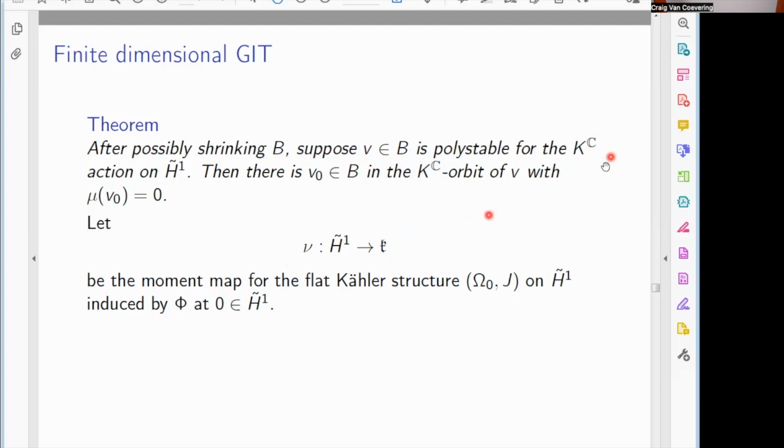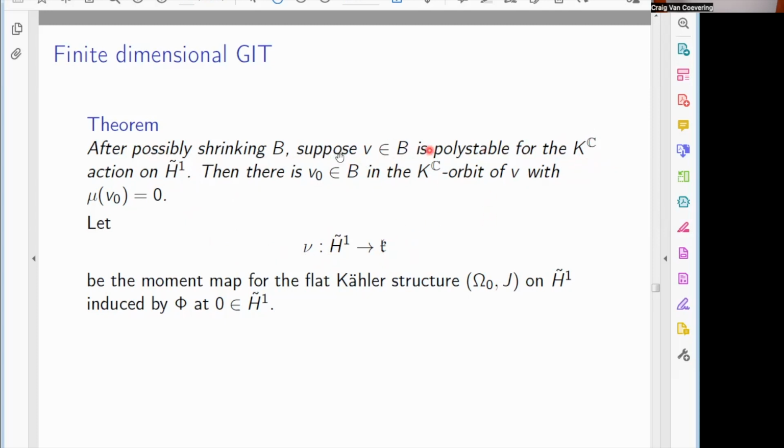So the complexified orbits, you consider them on the harmonic space; they don't quite correspond to the slice.